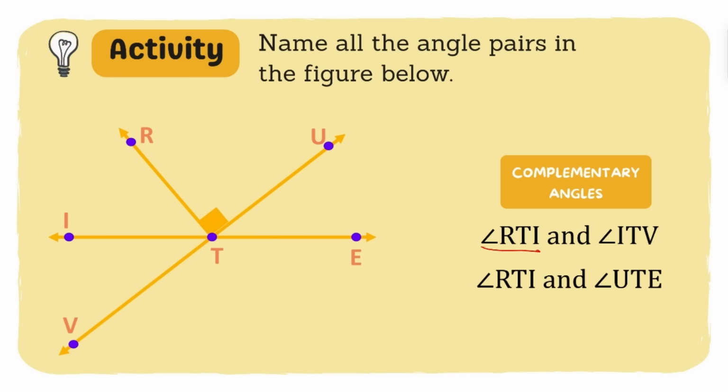So first, angle RTI. This is angle RTI. And angle ITV. This is angle ITV. As we mentioned earlier, they create a 90-degree angle. What else? Angle RTI, ito po, and then angle UTE, which is this angle.